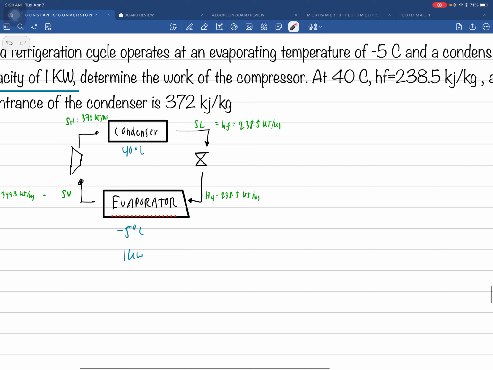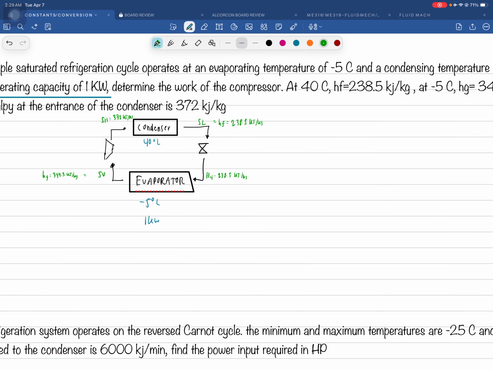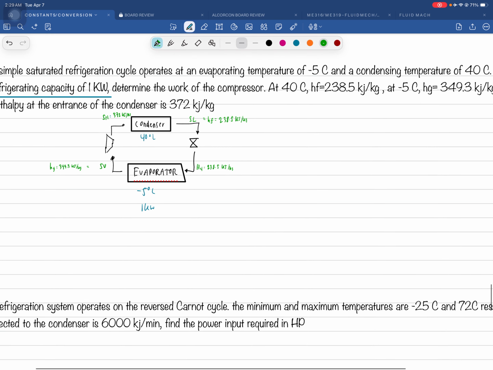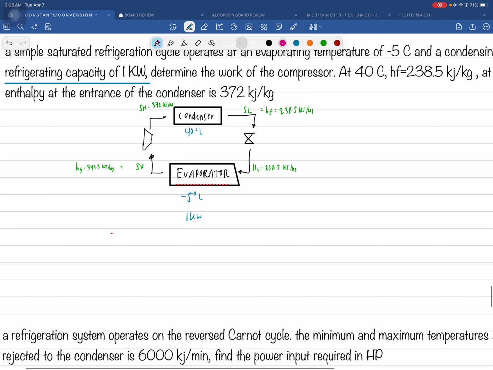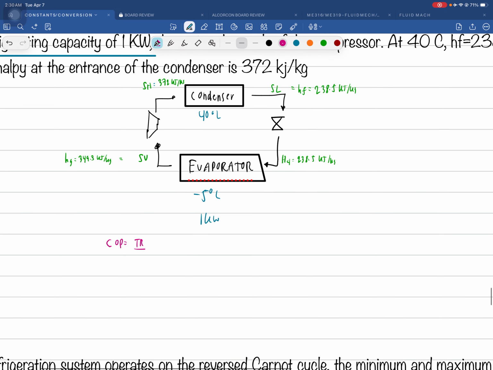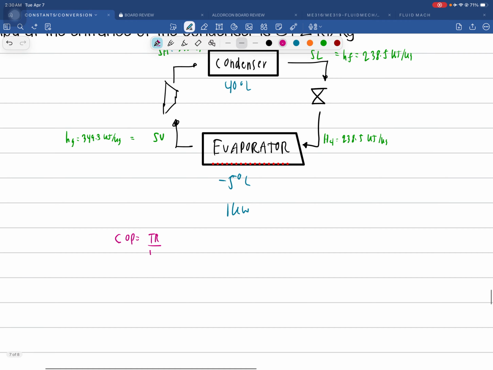so moving on, refrigerating capacity natin is 1 kilowatts. This time kunin lang natin yung COP. Remember COP? COP is usually expressed as a ratio between tons of refrigerating capacity or refrigerating capacity over the work of the compressor. Okay?